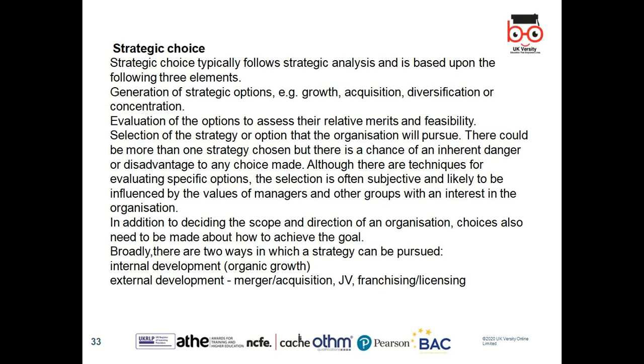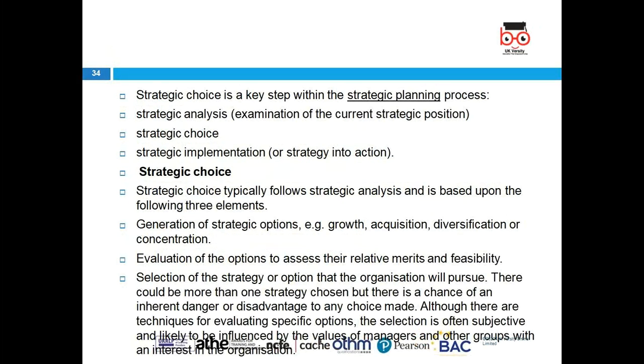We need to evaluate the options to assess their relative merits and feasibility, using these techniques, in addition to deciding the scope and direction of the organization and choice. And broadly, there are two ways strategy can be pursued.